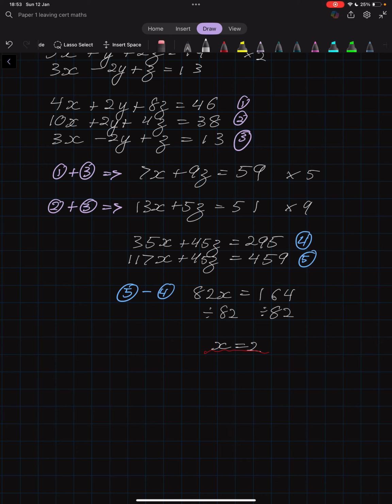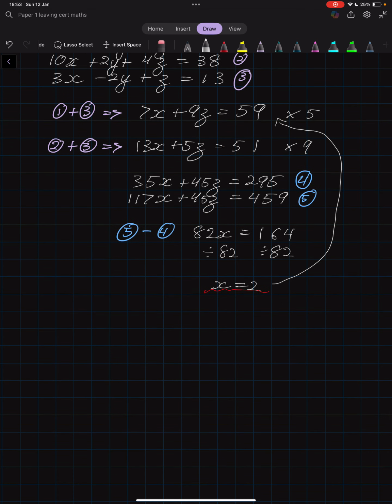So this gives me 7 times 2, which is 14, plus 9z is equal to 59. So I get that 9z, so 59 minus 14 is 45, so z equals 5. And now I'm going to plug both of these back into the top equation.